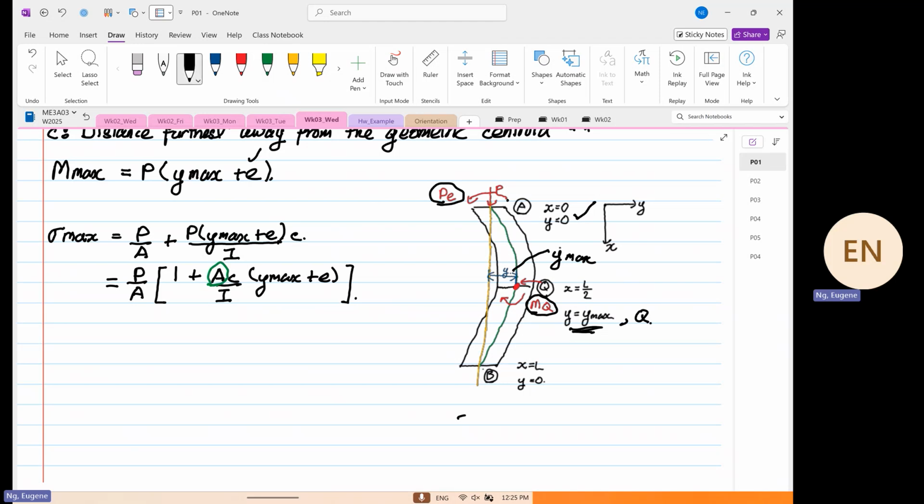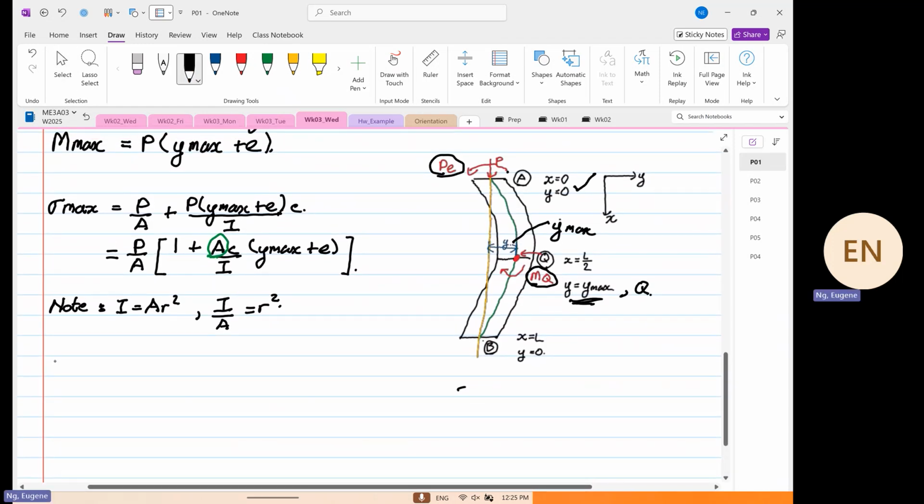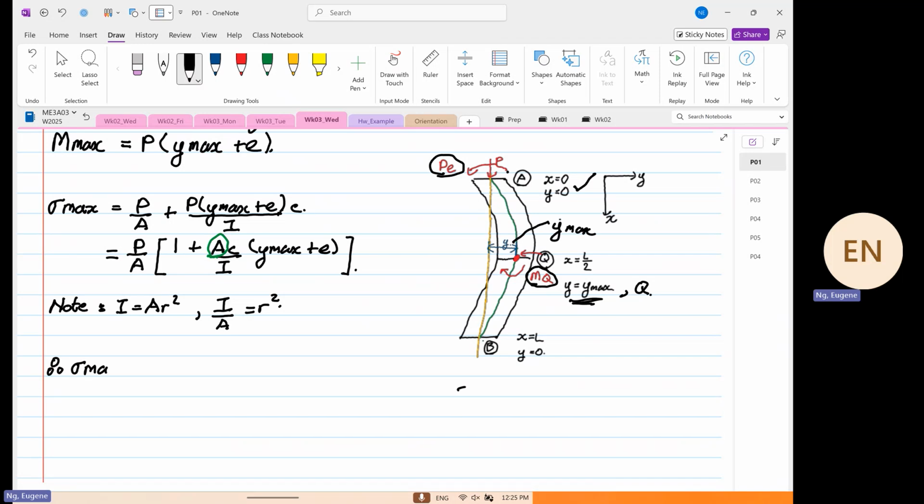And this is a good thing, because note that I is equal to A R squared. Then I over A is equal to R squared. So to simplify our expression, stress max will be equal to P over A, 1 plus C over R squared, and then we have Y max plus E.